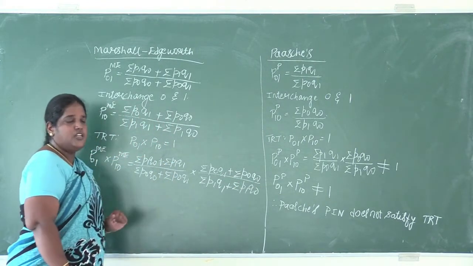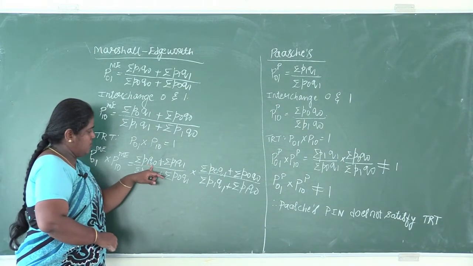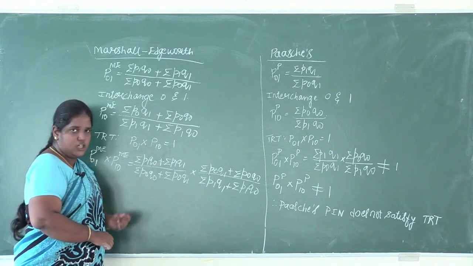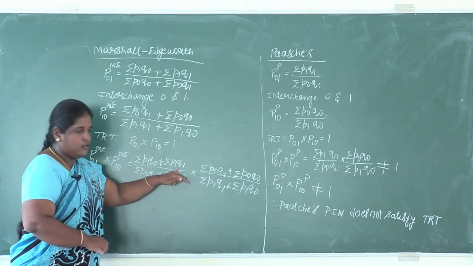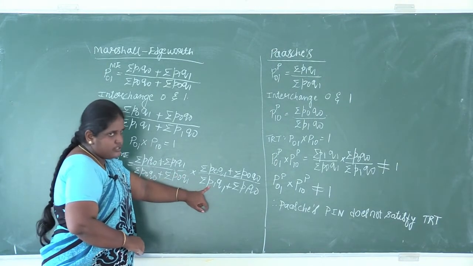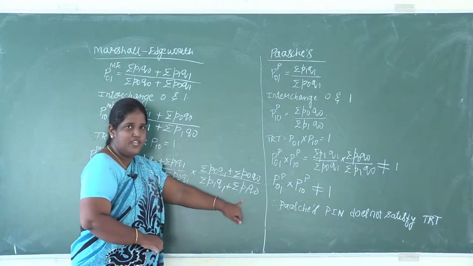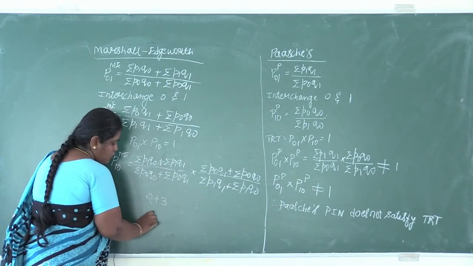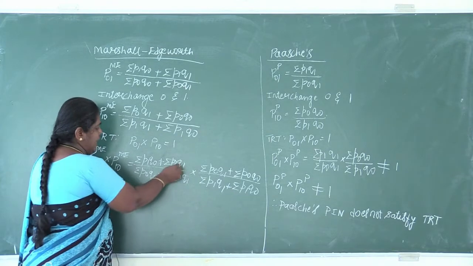Now don't check individually, you have to see the complete numerator part, that is P1 Q0 plus P1 Q1, both should be in the denominator. P1 Q0 plus P1 Q1. We have it in the reverse order, first we have P1 Q1, then we have P1 Q0. Whether you add 2 plus 3 or you add 3 plus 2, it is the same thing. So we can cancel this.